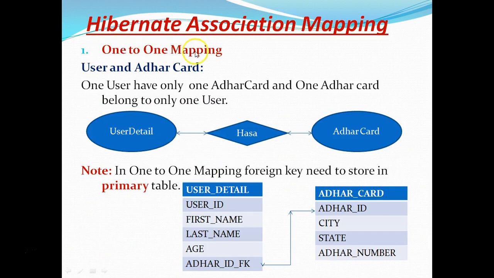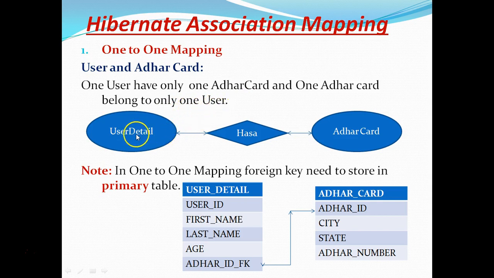Here I have a one-to-one mapping example which I'm going to explain through Eclipse. User and Aadhaar card. One user has only one Aadhaar card and one Aadhaar card is associated with one user.